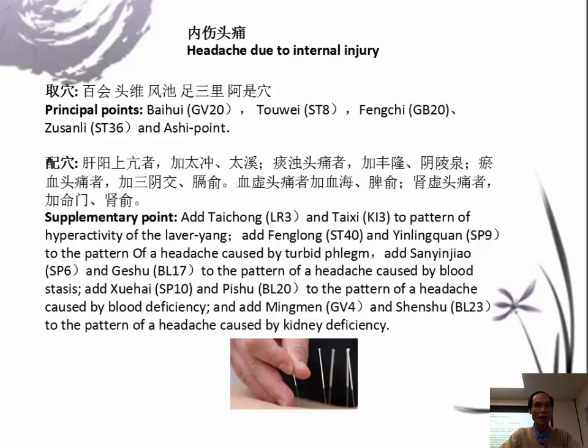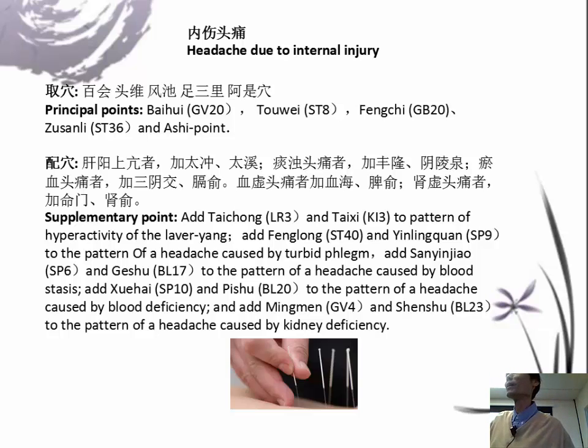Yeah. He mentioned that if you have stagnant blood, you use SP6. This is right. However, why do we add BL17? Geshu. When you consider the influential points, Geshu governs the blood inside the body. So when you want to tonify your blood, you consider 3 points. One is SP10, Xuehai, here.